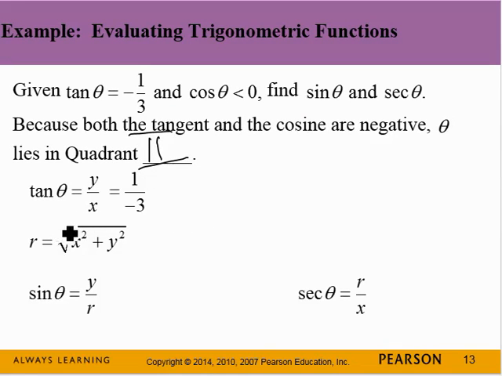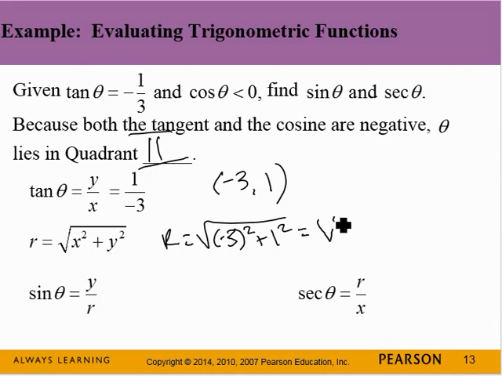So tangent theta is y over x, so that means you have 1 over -3, so you have the point -3, 1. You want to find your r. This is just your rule that we talked about in the beginning of this video.